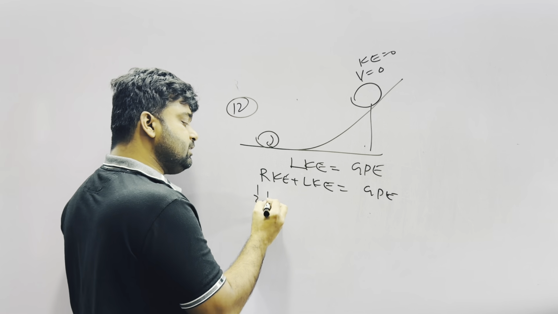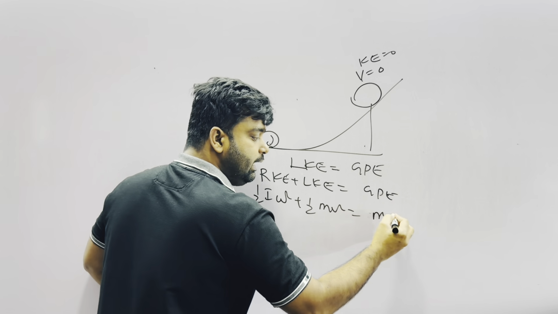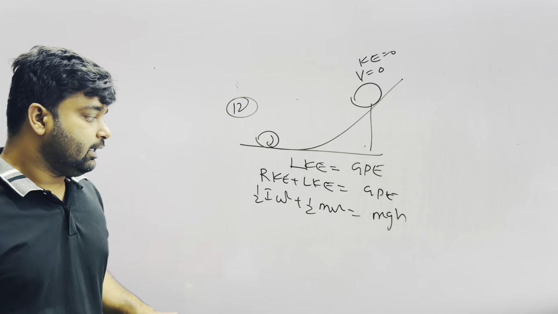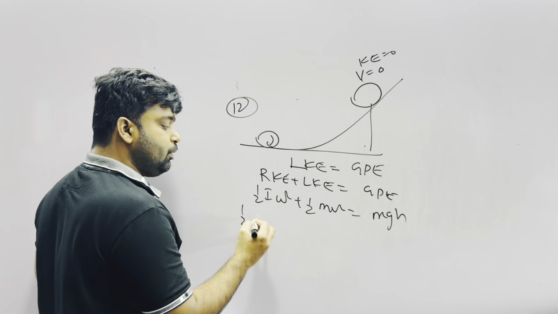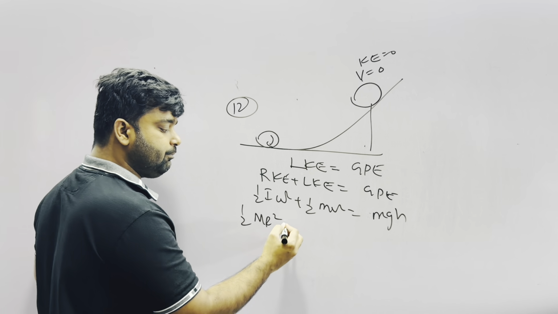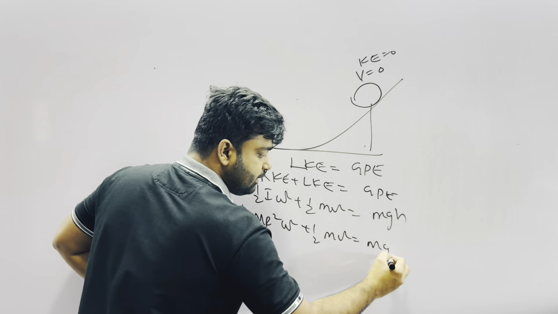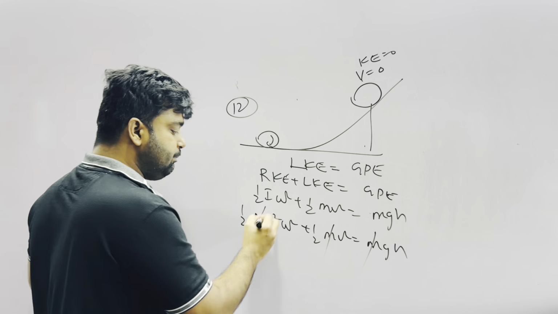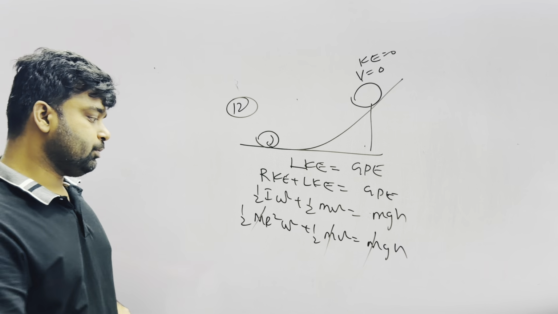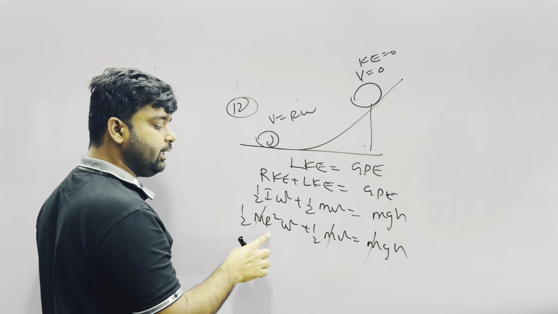Rotational kinetic energy equation is half I omega square. Linear kinetic energy is half mv square, equal to mgh. Half, moment of inertia of a rim, mr square into omega square, plus half mv square is equal to mgh. In this question, m is independent, it will be cut off. As it is rolling without slipping, we can use the equation v is equal to r omega.